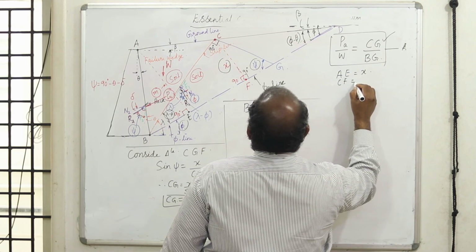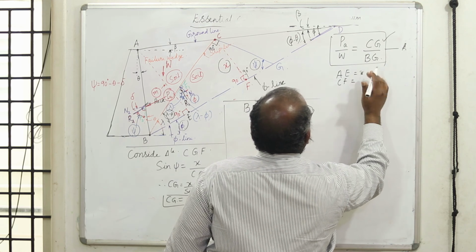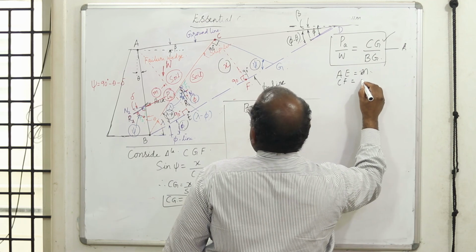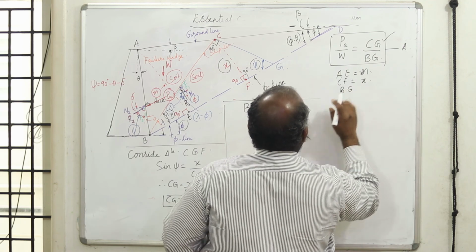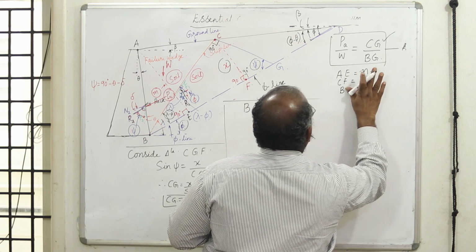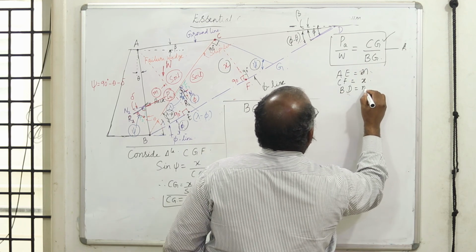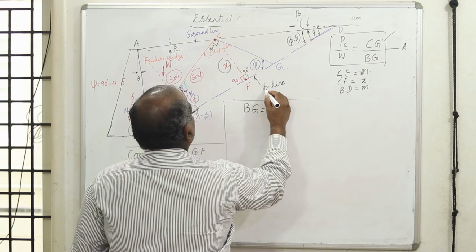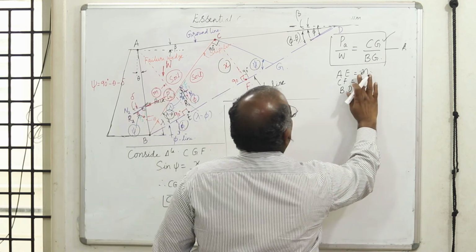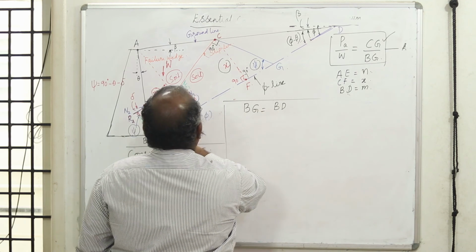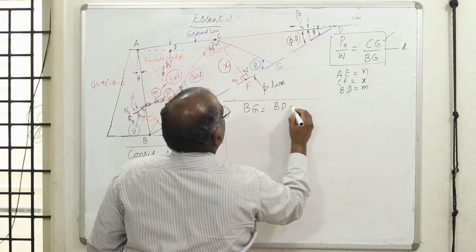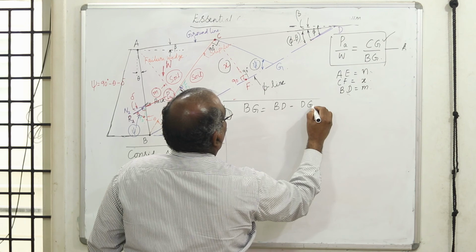Sorry, this is N, this is x, and BD is equal to M. These are the notations which I am using so that it becomes easy for me to do the simplification. Therefore, BG is equal to BD minus DG.